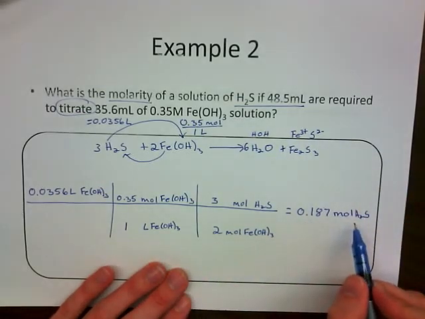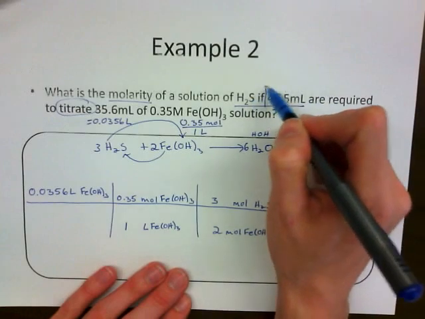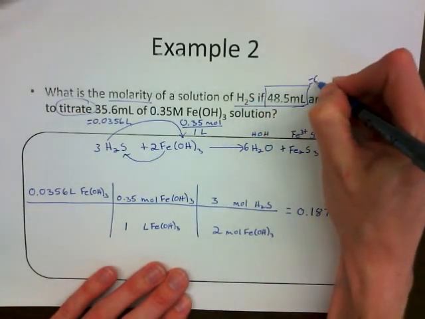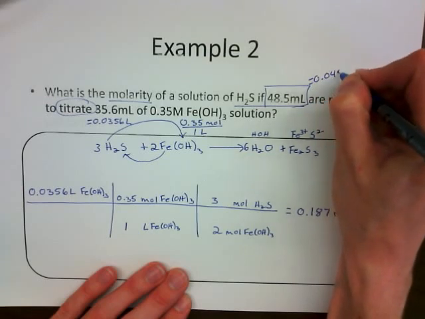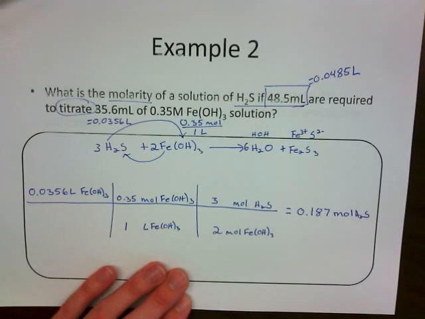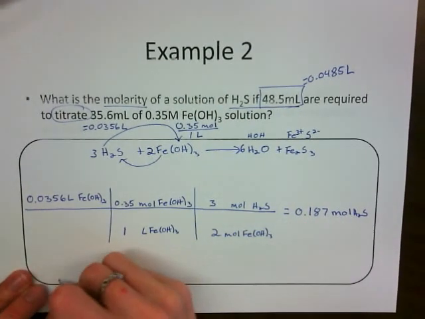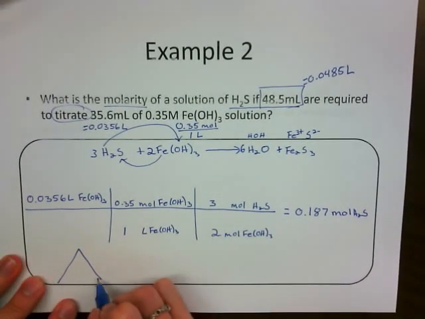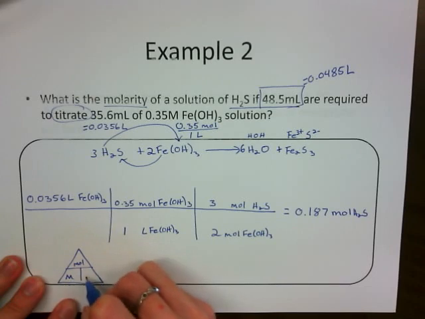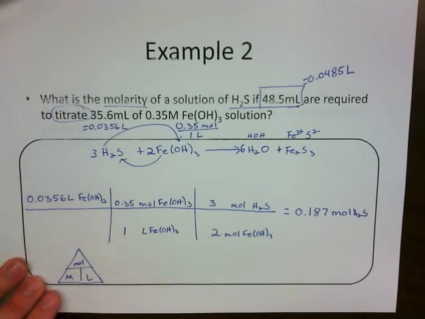Okay. Now I have moles and I have volume, not in liters, which is what I want. Divide by 1,000. I have liters. Remember our molarity triangle here. We have moles, I want molarity, cover it up, I do moles divided by liters.